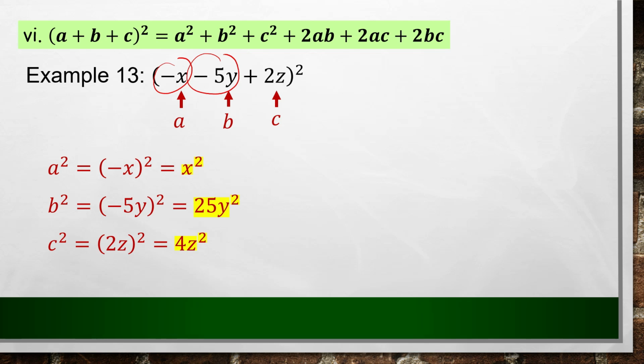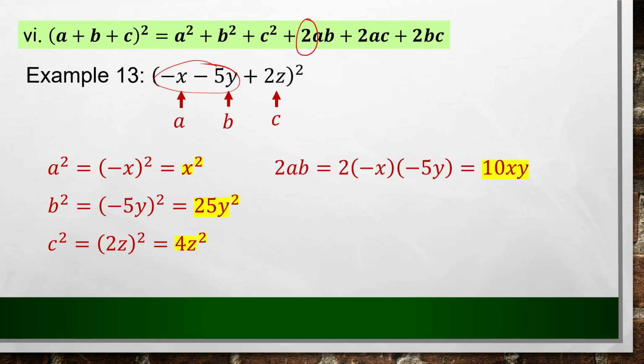And then for 2ab, so that means let's multiply the negative x and this, multiply that. Negative x times negative 5y is positive 5xy. But there's a 2 here, so that's 10xy. Alright? And then for the next one, that will be the product of this two times 2.